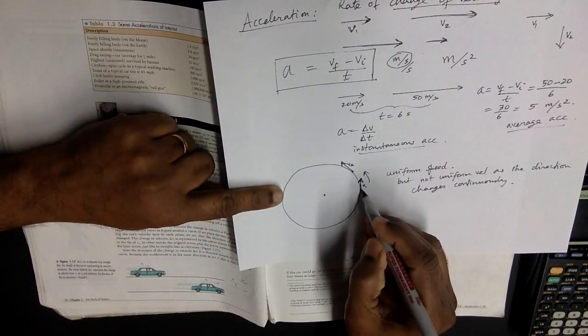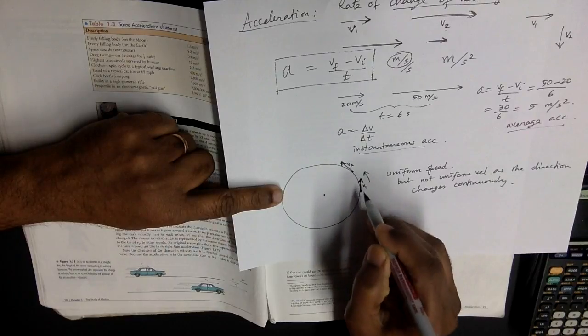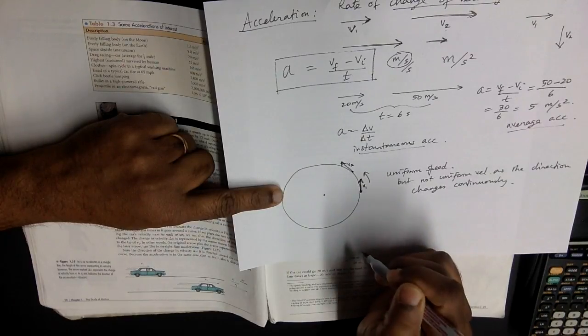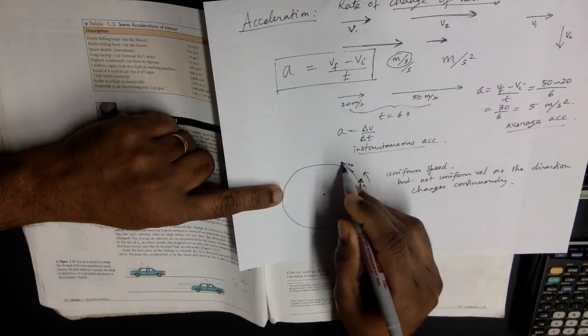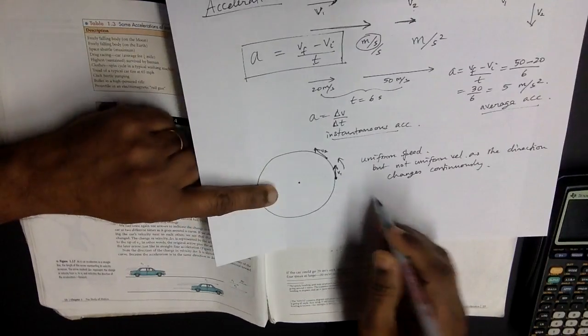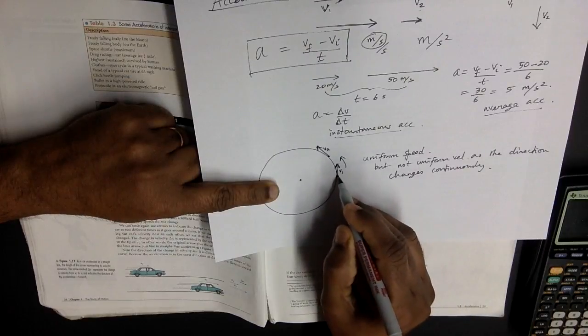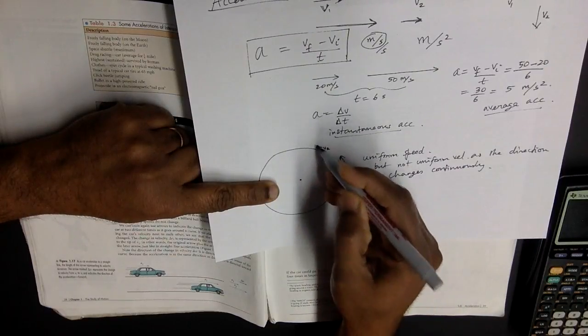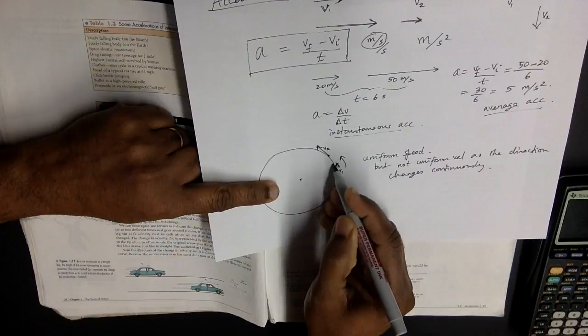Now we know that this velocity is different from this velocity, which means there is an acceleration going on. And the acceleration that's going on over here is actually in this direction. So the velocity v1 changes to this velocity because there's an acceleration in this direction.